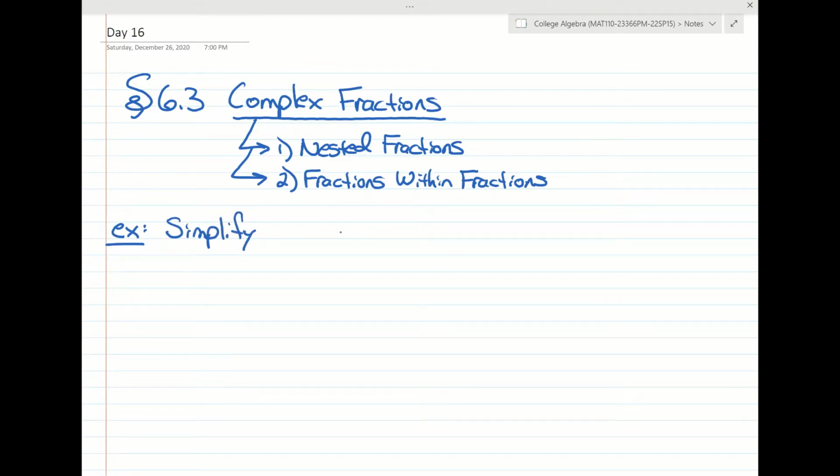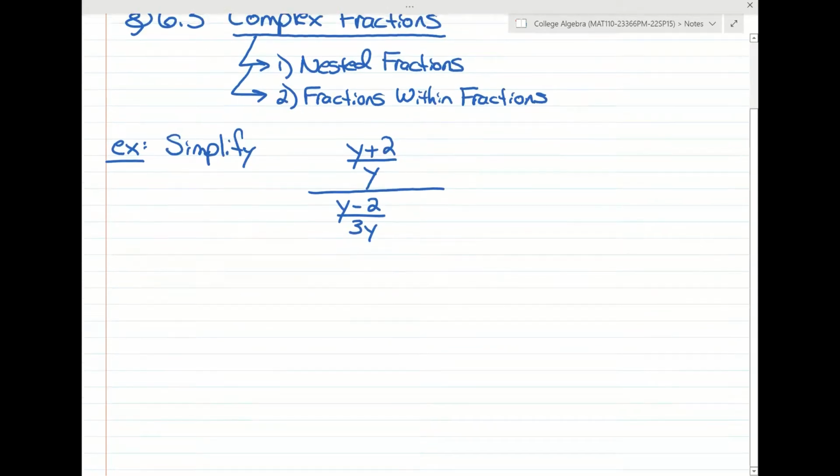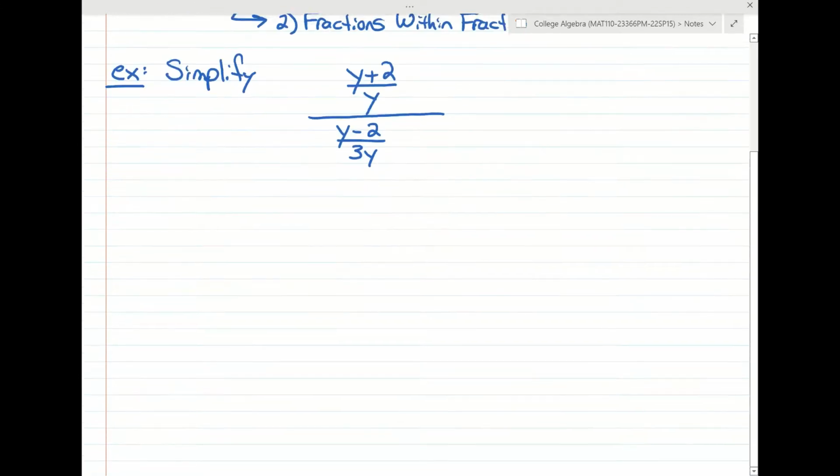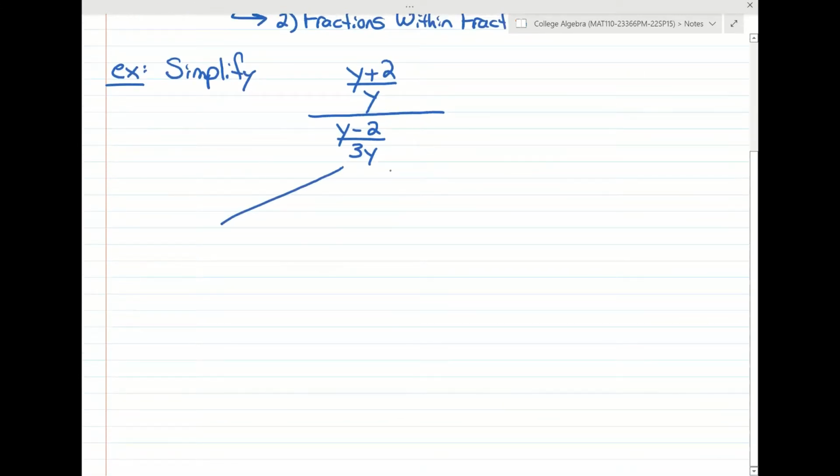And the problem is y plus 2 divided by y, all divided by y minus 2 over 3y. So like I told you, there's two different ways to do this. You don't have to know both techniques, just do it one way. So I'll show you method 1 over here.